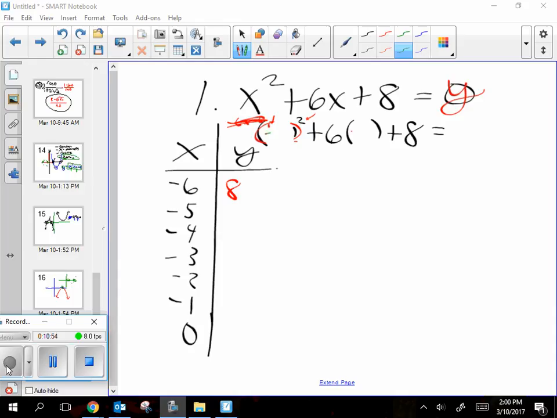Okay, so I'm going to put in -5 and -5, and how do I start? You get 25, that's correct. And then how about this part? Positive or negative? -30, and then +8.